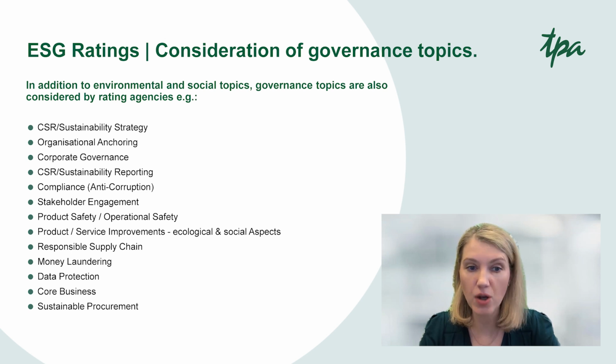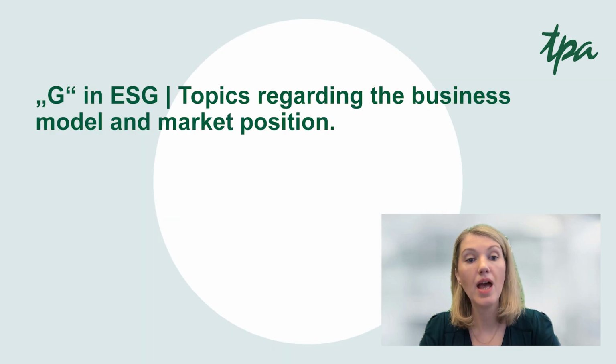Which governance topics are considered by individual rating agencies in the evaluation of the company also differs depending on the particular agency. Here, we have outlined some governance topics for you. For example, money laundering or sustainable procurement.